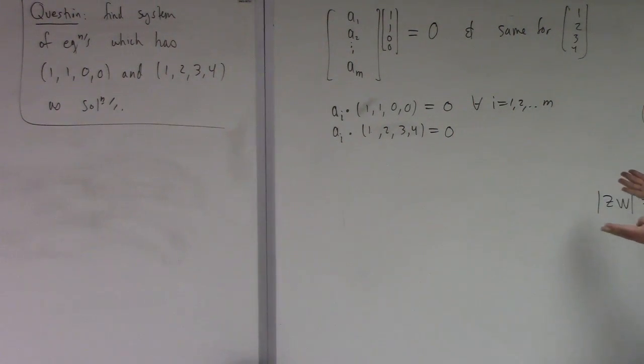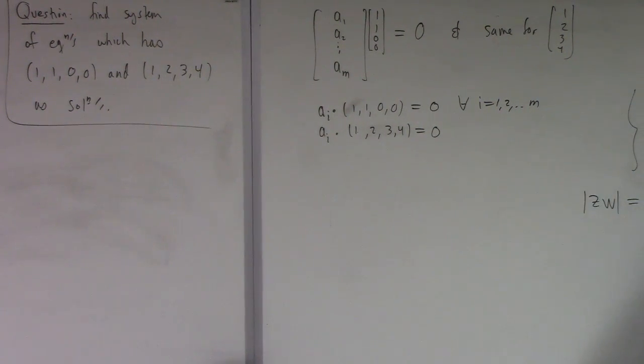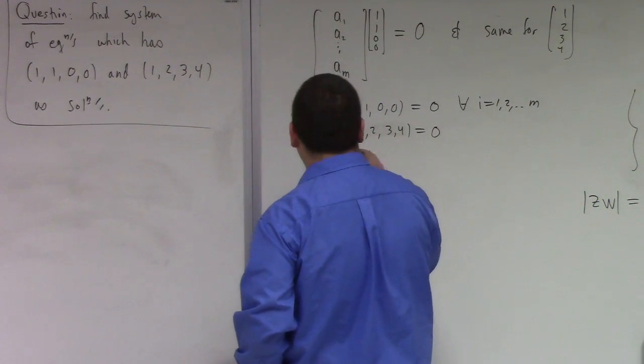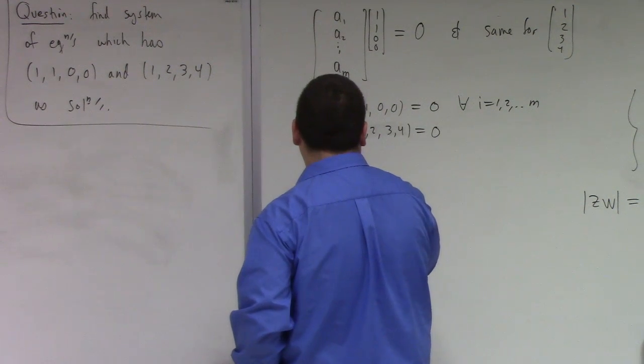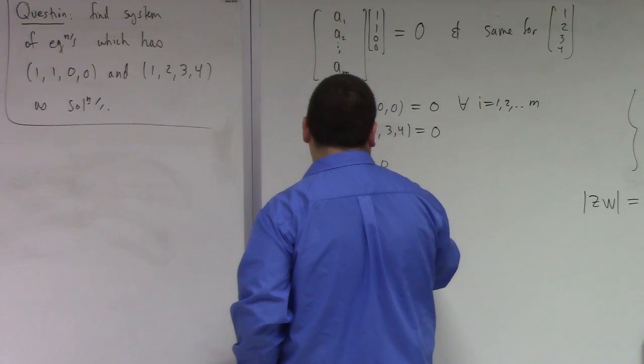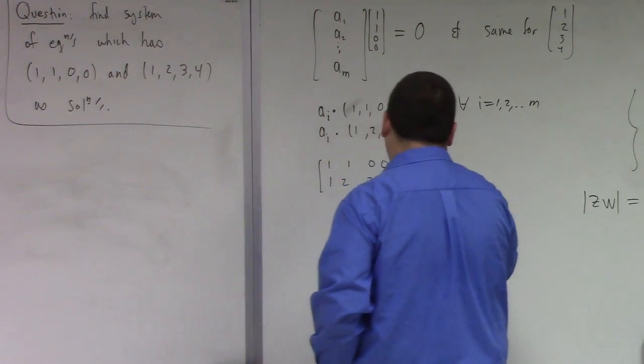Okay, so you're trying to find a system of equations which has that as the solution. That's equivalent to trying to find vectors which are perpendicular to those two given vectors. So we have a method of calculation for this now, don't we? We just need to find the perp. So we can just look at (1, 1, 0, 0) and (1, 2, 3, 4) and row reduce this.